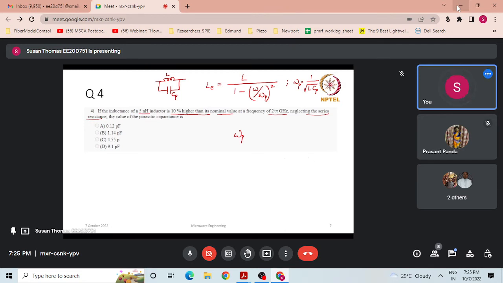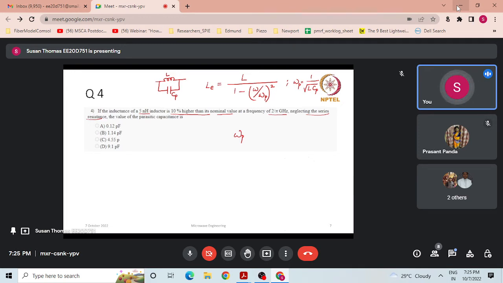We are neglecting the series resistance, so we have only this capacitance coming in parallel with the inductor. In that case LE is different from L, so the effective inductance is different. How do we calculate that? We will come to that.